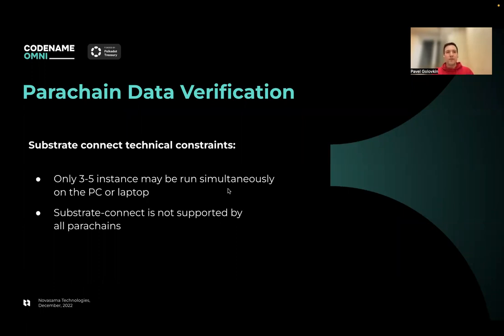Also, Substrate Connect is not supported by all the parachains because it requires the latest version of Substrate, and it also requires keeping the chain spec updated and stored somewhere in the application. So that's why we designed the solution for parachain data verification, and let me explain how it works.